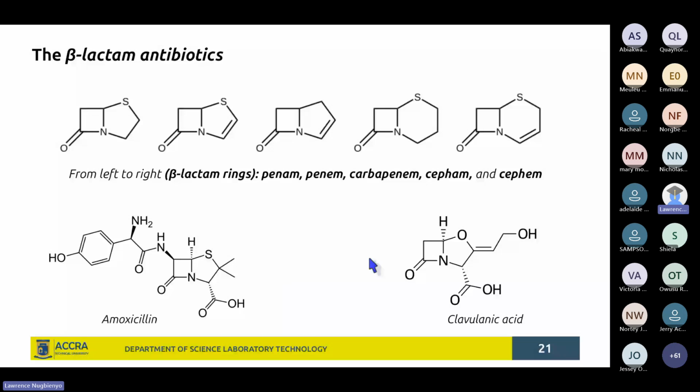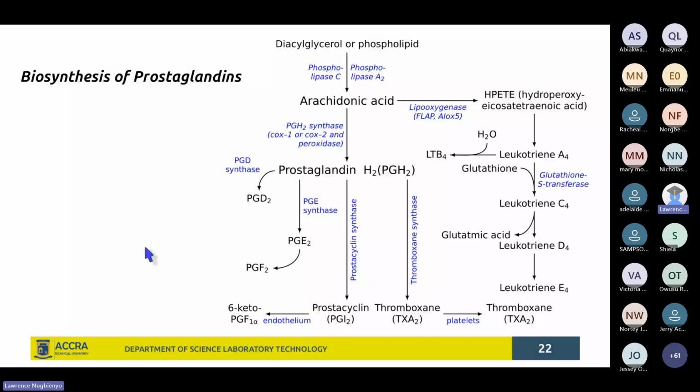Now we do also have what we refer to as prostaglandins, which are like some natural analgesics in the body. These are products of the metabolism of the fatty acid arachidonic acid, which results in these different forms of prostaglandins, prostacyclin, thromboxanes.